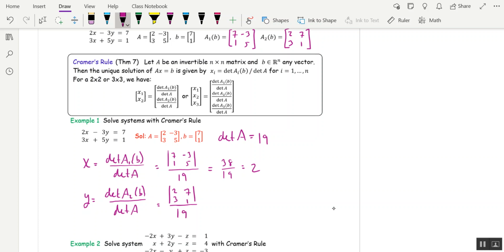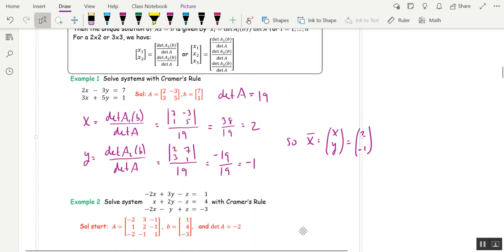All right, 2 minus 21 is negative 19 over 19, which is negative 1. So the vector x, which is x, y, is 2, negative 1. There's my answer.